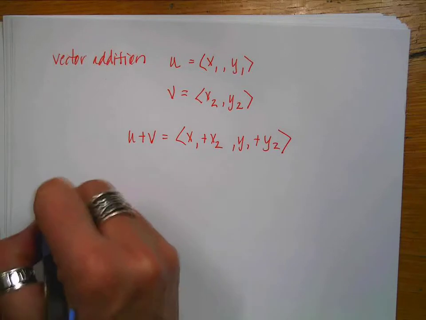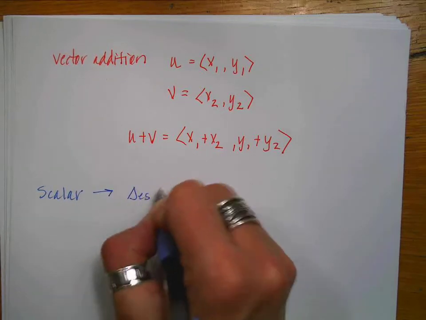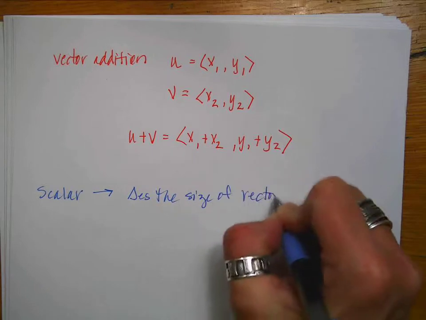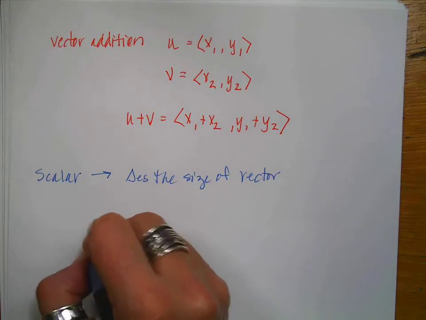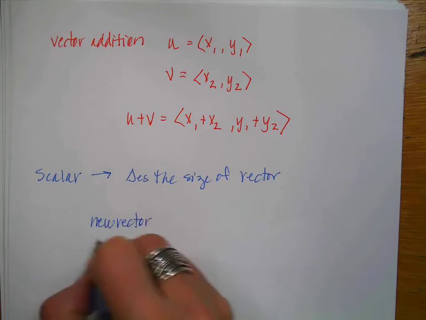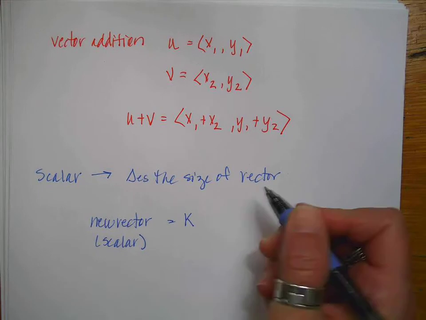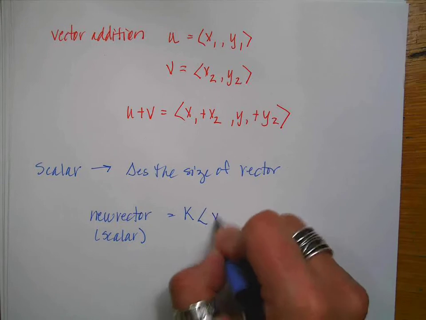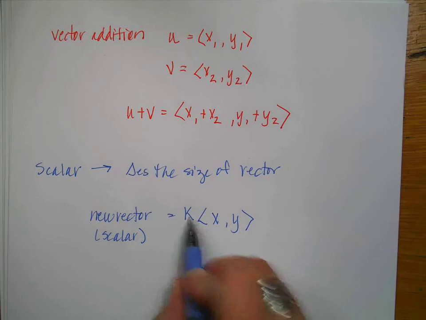On the other hand, if I have a scalar and I want to do that math, we know that it changes the size of the vector. To change the size of a vector, that means that we're going to multiply. So my new vector, the one that is affected by the scalar, would be a growth or decay factor, k, multiplied by x and y.